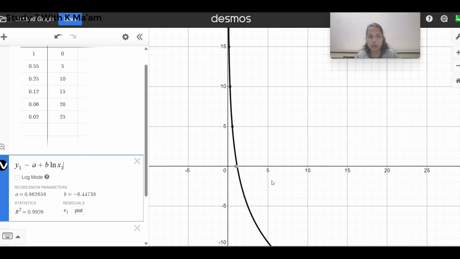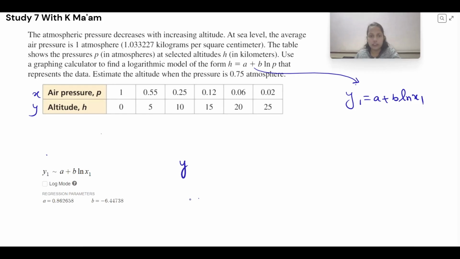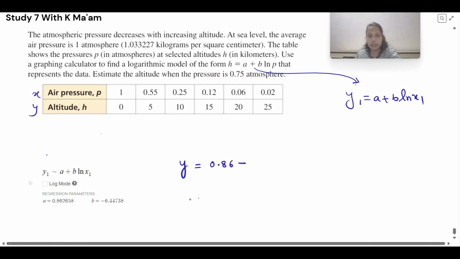So I got the value of a, I got the value of b. I want these two values only to define a function. Okay, let's write it. So your function is y equals 0.86 minus, because the b value is minus 6.45, rounded to two decimal places, log of x.